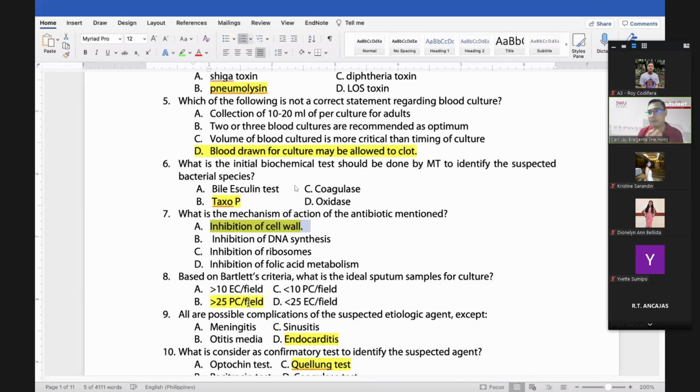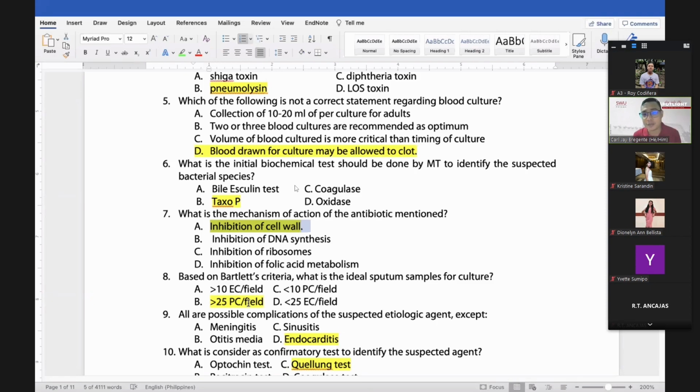Kasi meaning there is inflammatory response. If more than naman yung epithelial cells, class, sa sputum sample, meaning that is not a true sputum sample, it's only saliva. So pag maraming epithelial cells compared to your pus cells, saliva lang yan. Pero pag marami yung pus cells or your neutrophils than your epithelial cells, then possible that is a sputum sample.